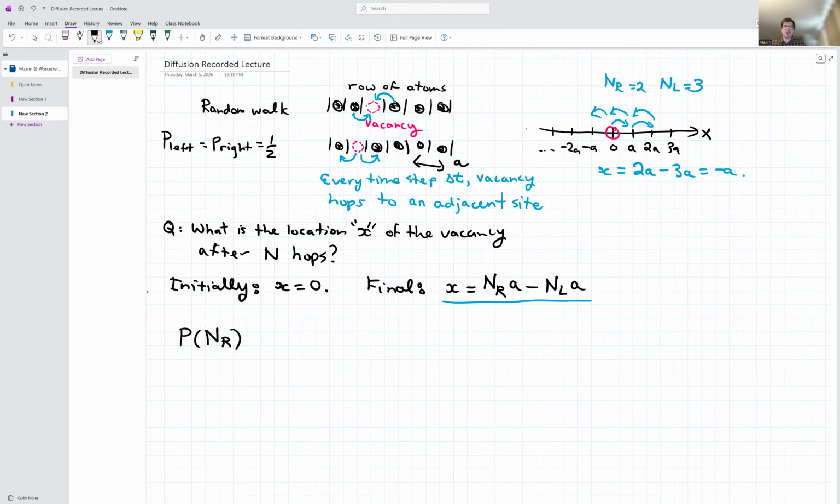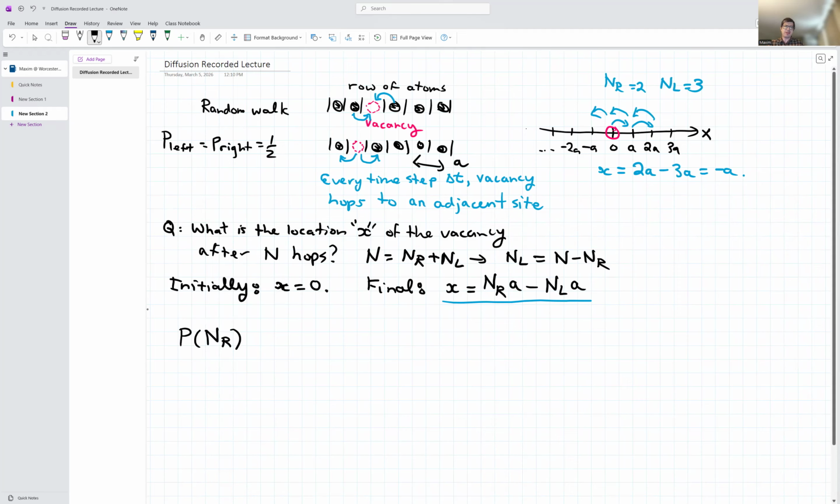So we have a constraint. The total number of hops is, of course, if you add up the number of hops to the left and right, you get the total number, which means that the number of hops to the left is just the total number minus the number of hops to the right. So we never have to deal with the number of steps to the left. We can just replace it by the difference between the total and the number to the right.